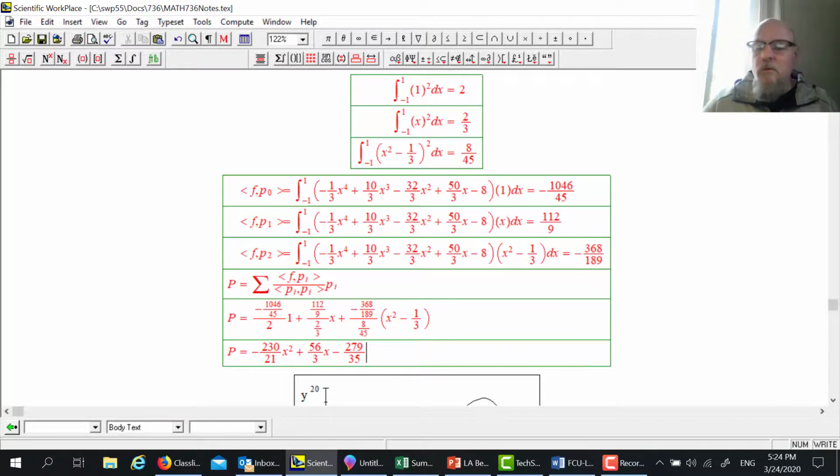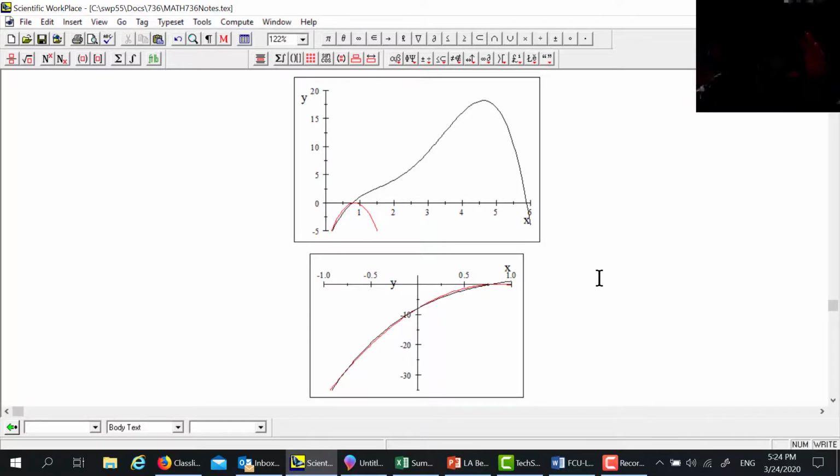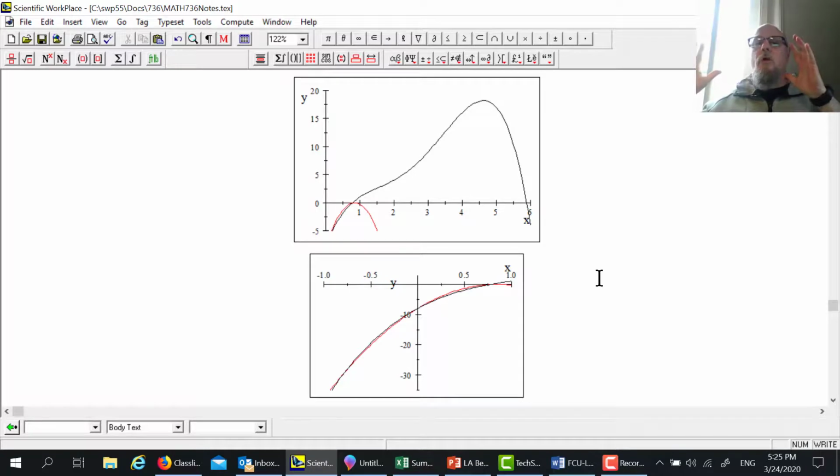Okay, you're right. So what we have to do then is, because Legendre works from -1 to 1, we're going to need to take our polynomial and squish it. Right now our points go from x equals 1 to x equals 5. So our window goes from 1 to 5 where we have actual points.